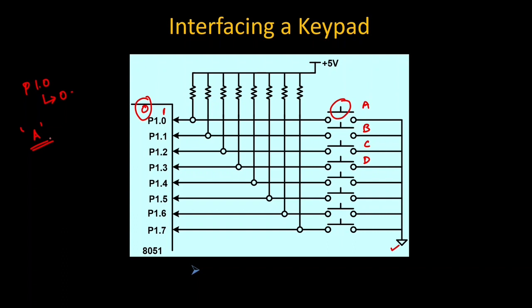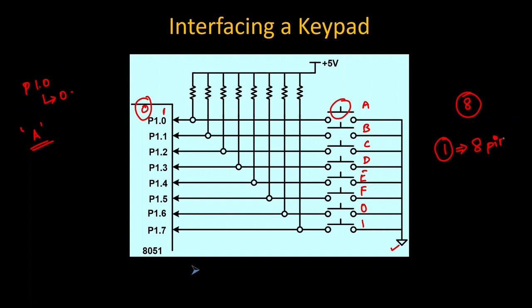But the problem you are going to face here is that I am going to waste more ports. If I connect 8 pins of a port, I can press 8 keys, say A, B, C, D, E, F, then 0, 1. To display these characters alone, I am going to waste one complete port, which means 8 pins.